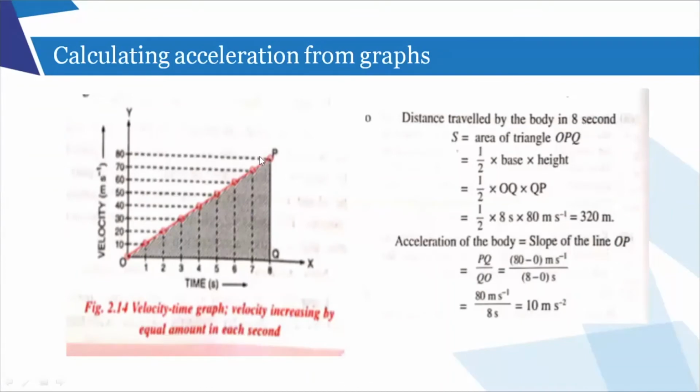Again, I'm explaining the slope: from this point P straight perpendicular to the y-axis, and the lowest point O perpendicular. It is 0, so 80 minus 0. Then from P perpendicular to the x-axis, 8, and from here it is at 0. So 8 minus 0, very simple. 80 upon 8, so 10 meter per second square is the acceleration of this particular graph. Did you follow? So from a velocity time graph, you can calculate both the distance and the acceleration.